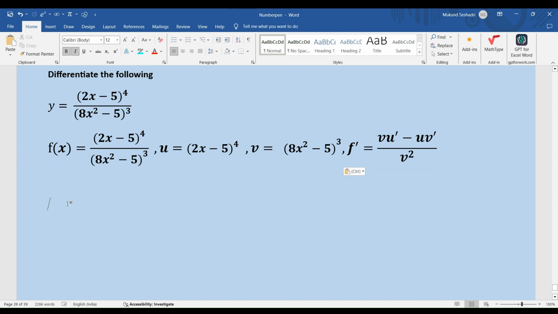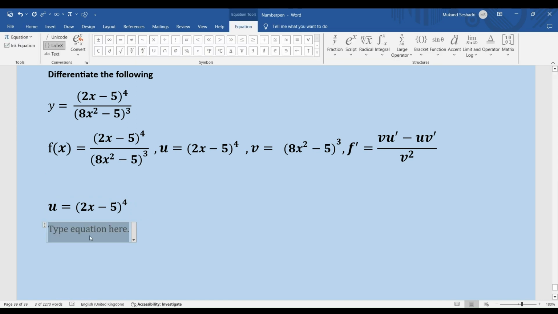So I'm going to pick up u first. My u is equal to (2x minus 5) the whole power 4. So let's make the appropriate substitution. If I make the substitution t equals 2x minus 5, my u gets reduced to a very basic t to the power 4.